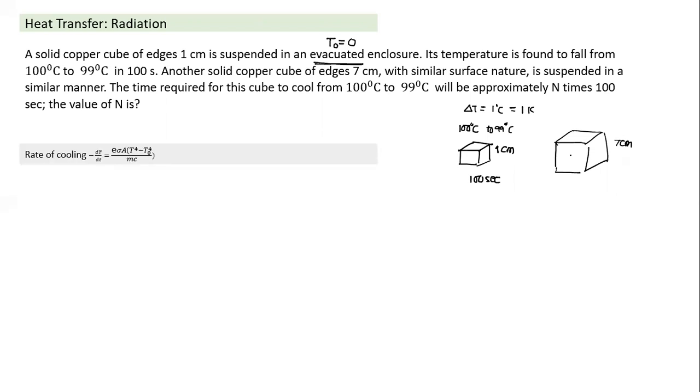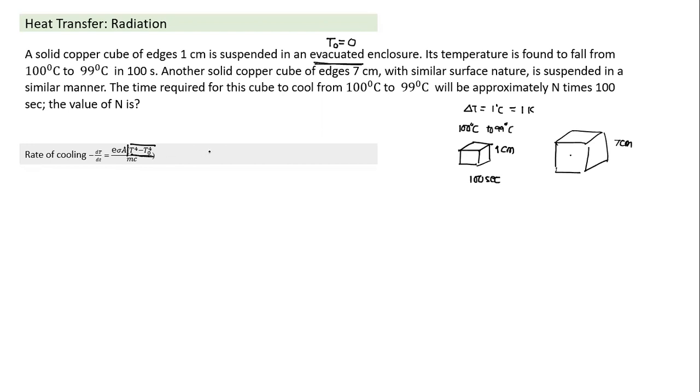What we understand, and we have to keep in mind, is not the entire formula. The rate of cooling has this part the same in both cases, same material, so the only parameters which are different are surface area and mass.